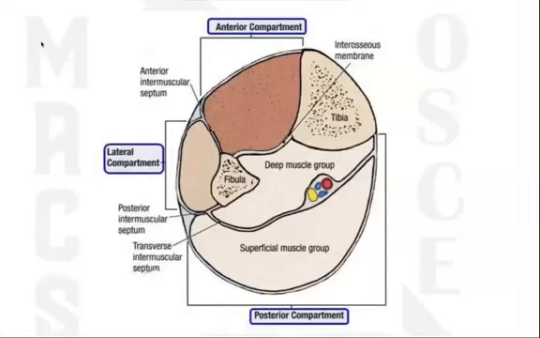The anterior intermuscular septum will be separating the anterior compartment from the lateral compartment. The posterior intermuscular septum will be separating the lateral compartment from the posterior compartment. And the transverse one will be separating the deep group from the superficial group of the posterior compartment muscles. Is it clear till now?